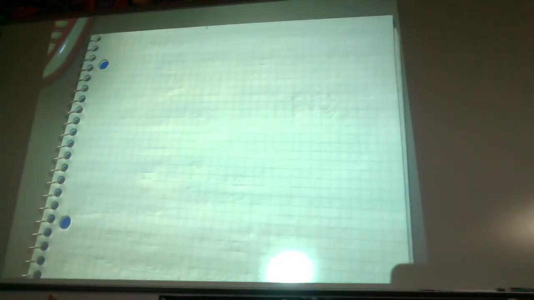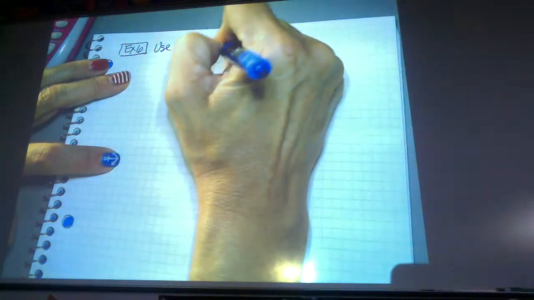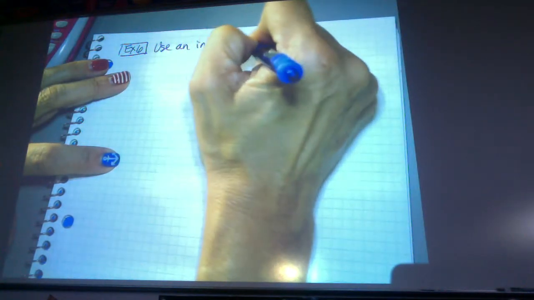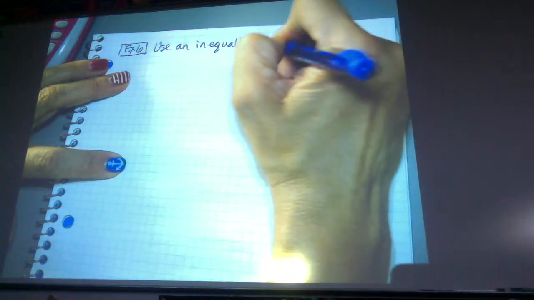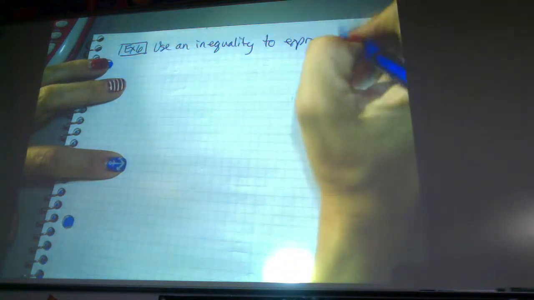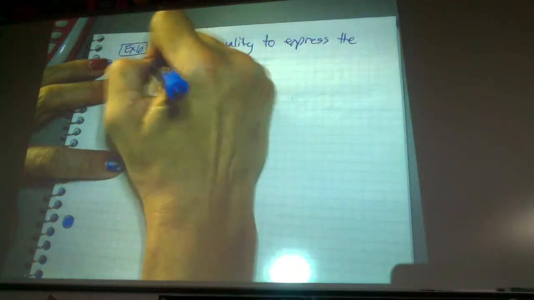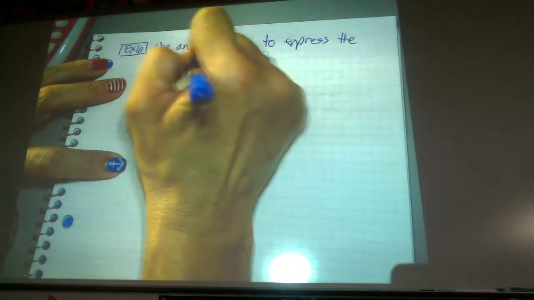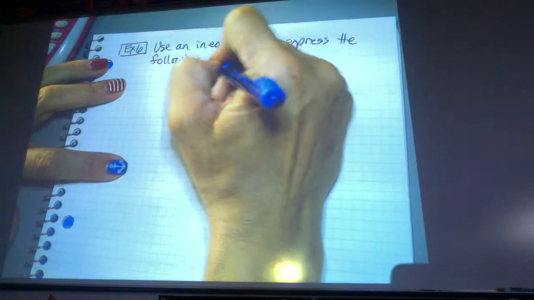So example 6. Use an inequality to express the following distance.